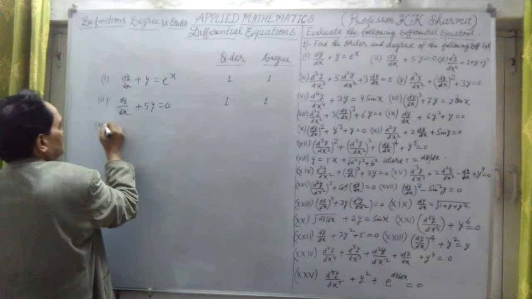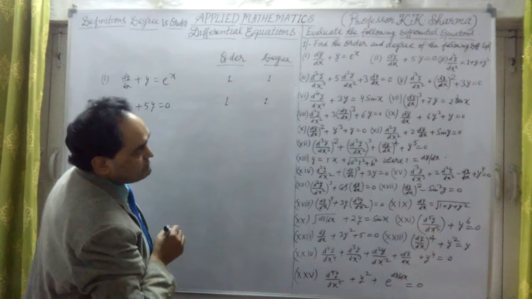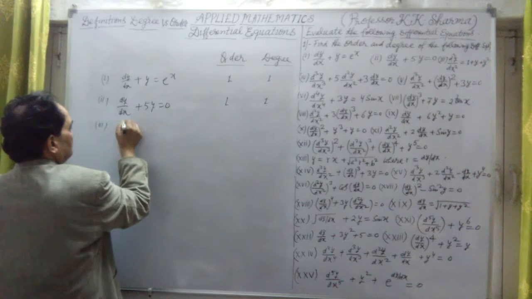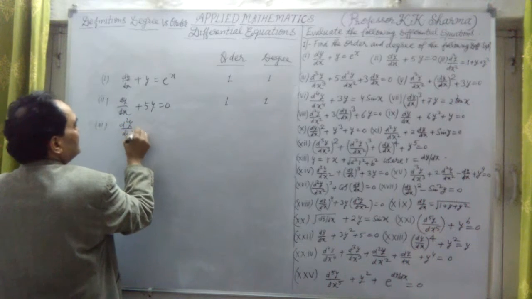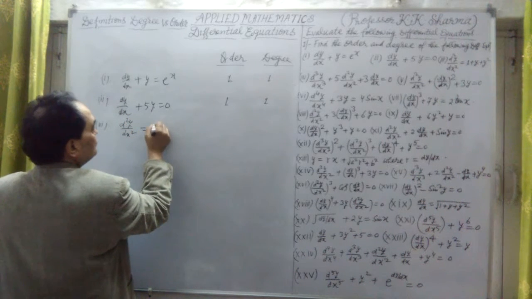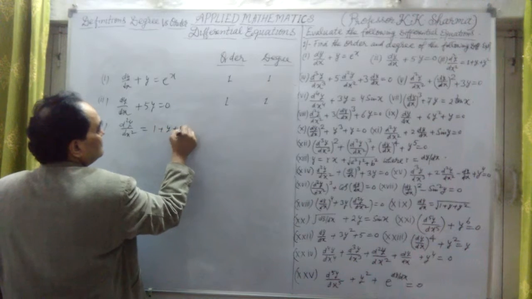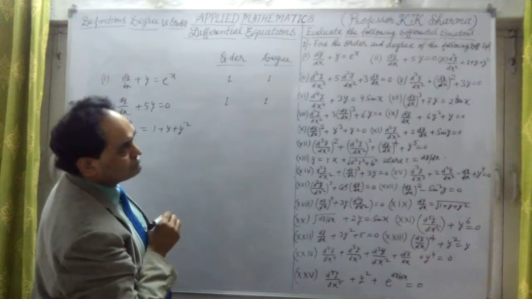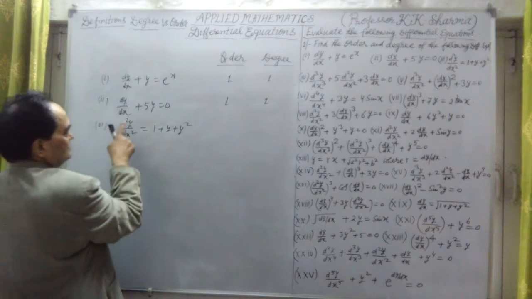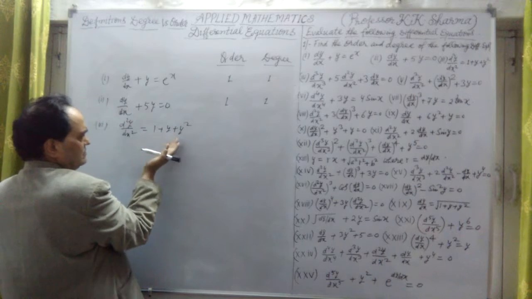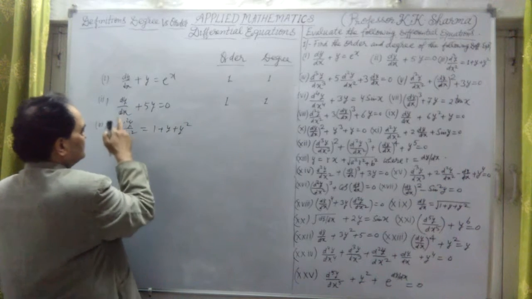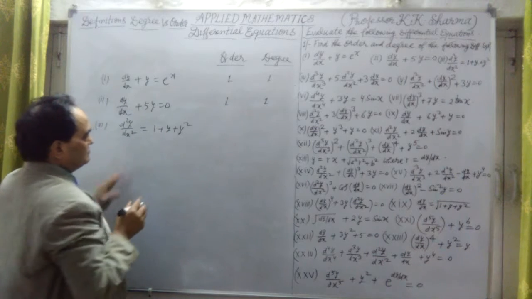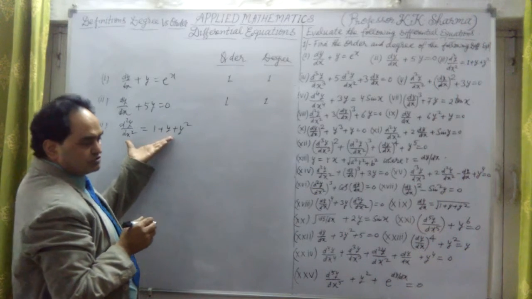Now third, question number 3: d²y/dx² is equal to 1 plus y². Again, this is a derivative. We can take these terms to this side undoubtedly, or we could write it as d²y/dx² minus y² minus 1 equal to 0. This is a differential equation in polynomial form, there is no doubt about this.